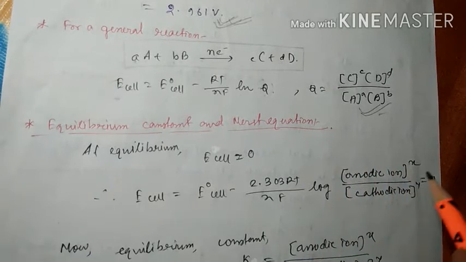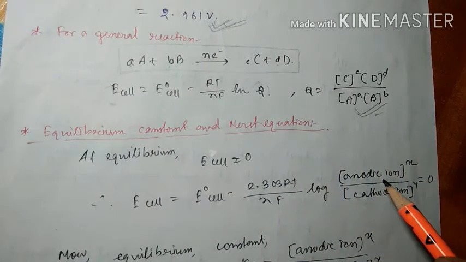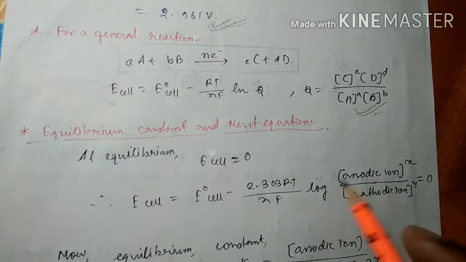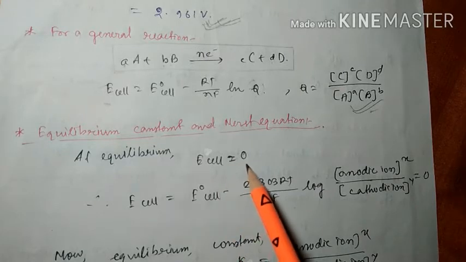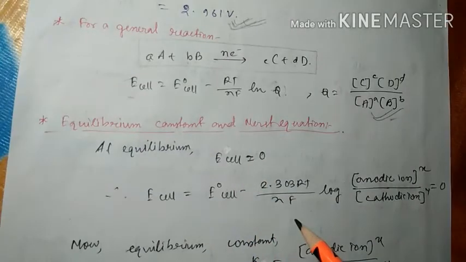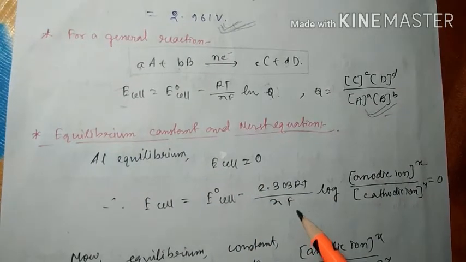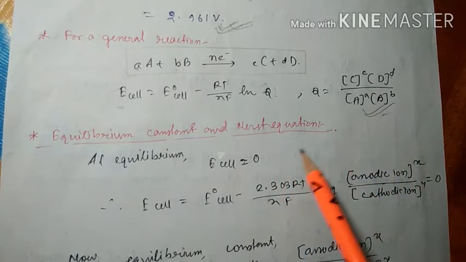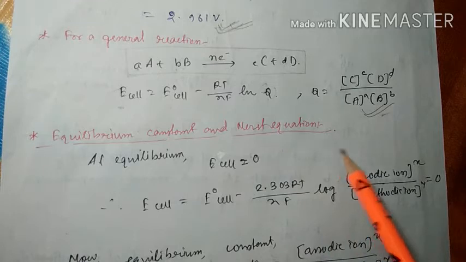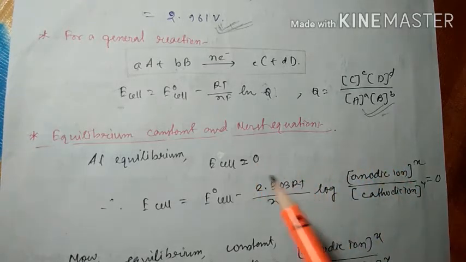Now what will be the Nernst equation in case of equilibrium constant? Okay. Now see, at equilibrium the E cell is 0. That means the EMF of the cell is 0, because in equilibrium the oxidation and the reduction, or you can say the reaction from left to right and the reaction from right to left, are in equilibrium.